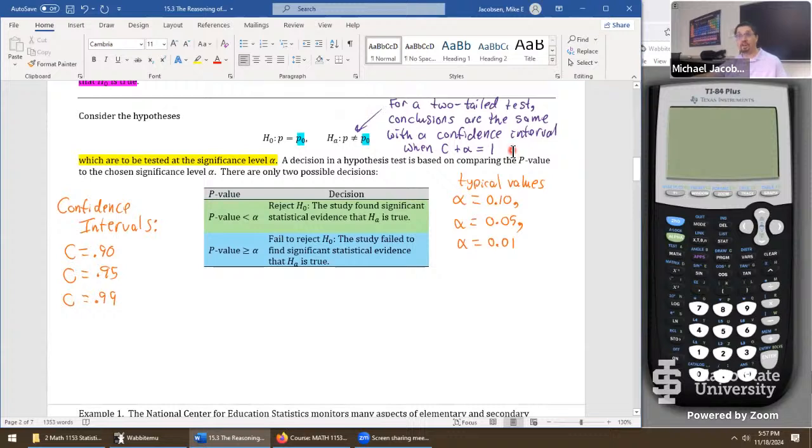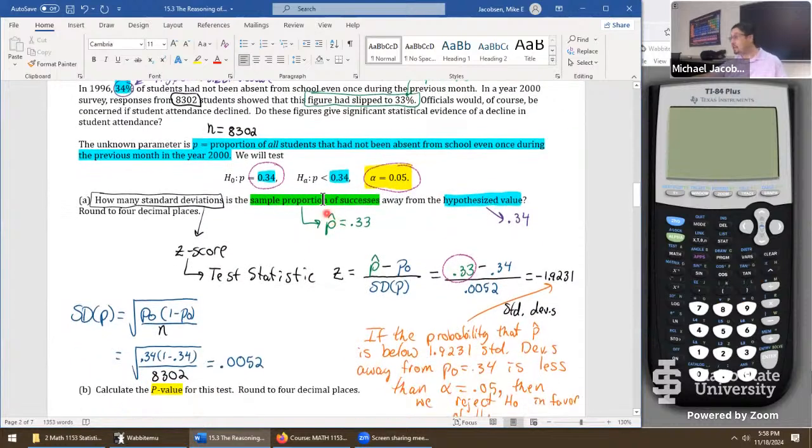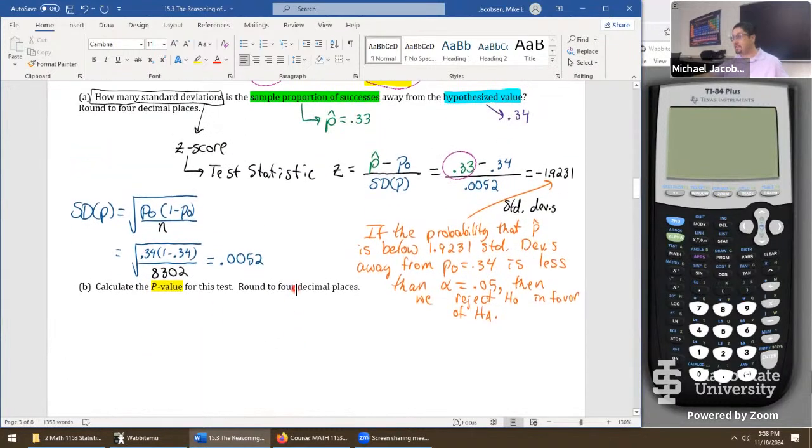These values should total to 1, and if you do that, your two-tailed test gives the same analysis as the confidence interval. Fortunately, this is not a two-tailed test, so the confidence interval could give us a conclusion that runs different. So we're just going to stick with this analysis right here. So here, we're going to calculate the p-value for this test.